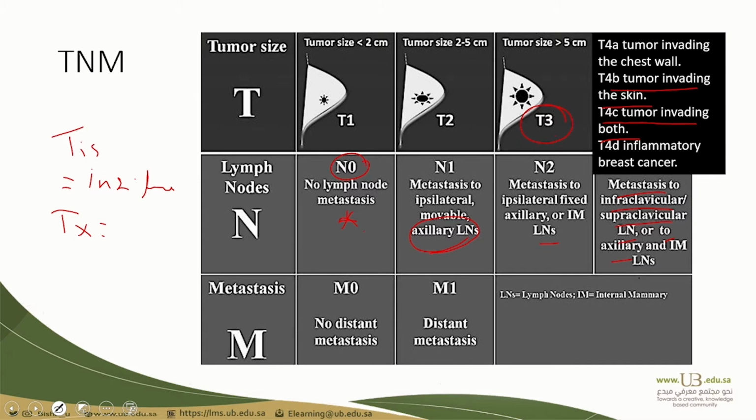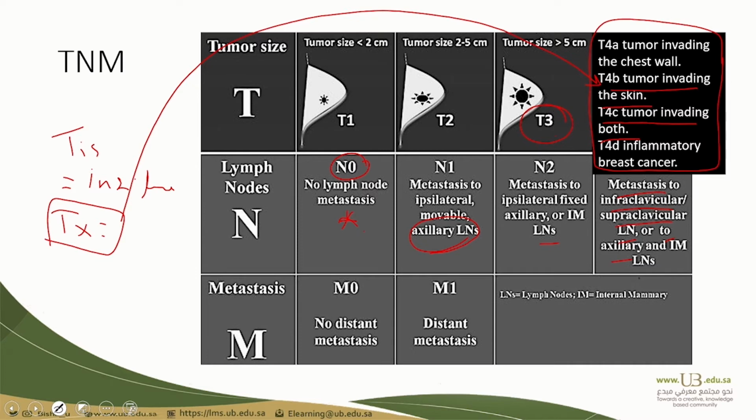I don't know how much was taken and how much is left, so I cannot assess the tumor. TX means it cannot be assessed, and the patient will be treated like a patient with the maximum T, because I don't know. M for metastasis: M0 if there is no metastasis, M1 is for distant metastasis.